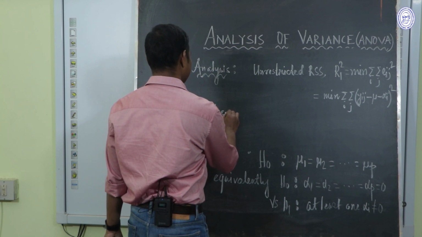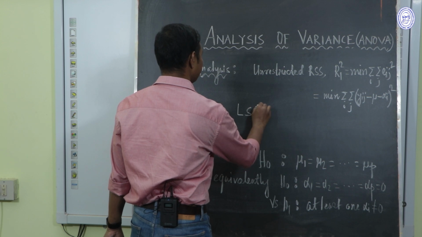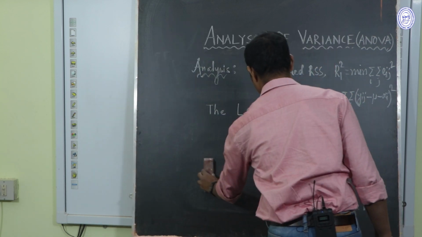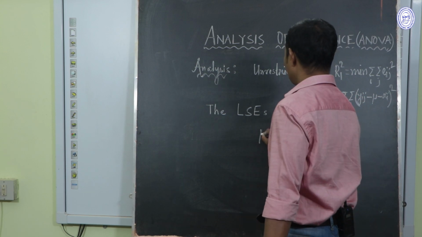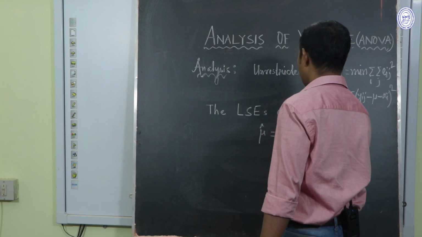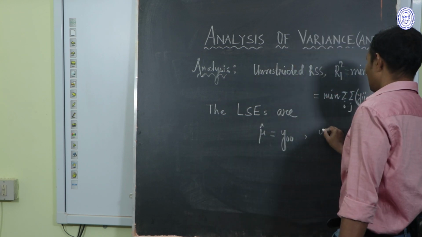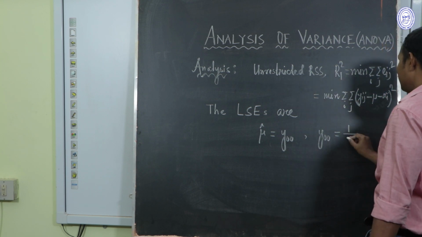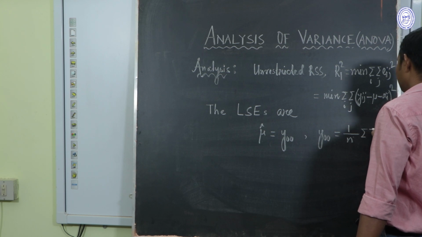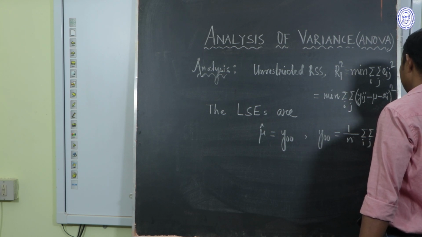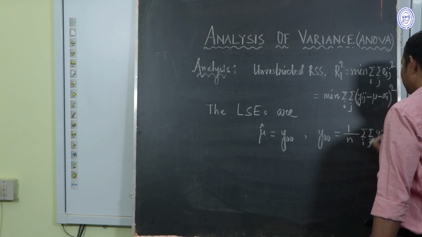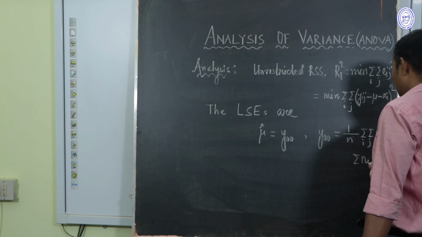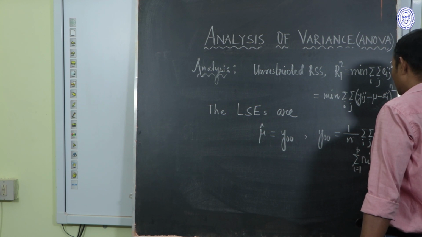The least square estimates are mu cap equal to y_00, where y_00 equal to 1 by n double sum over i over j y_ij, where summation n_i, summation over i equal to 1 to p, equal to n.